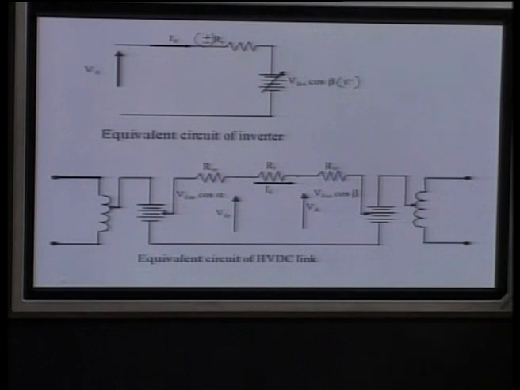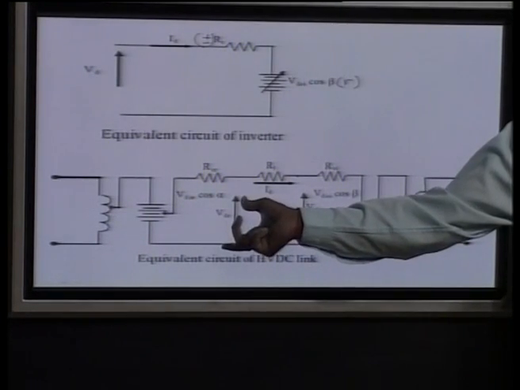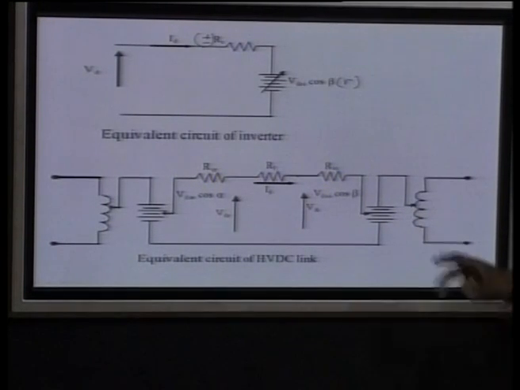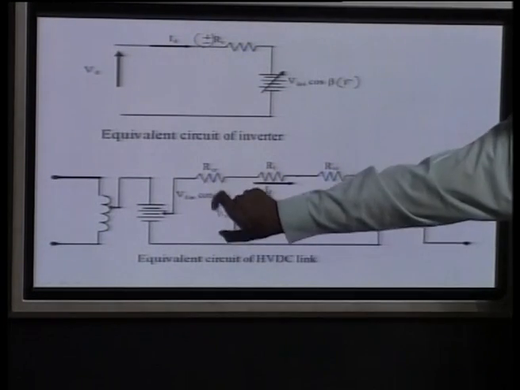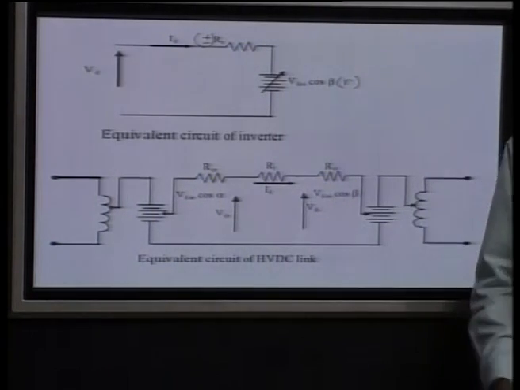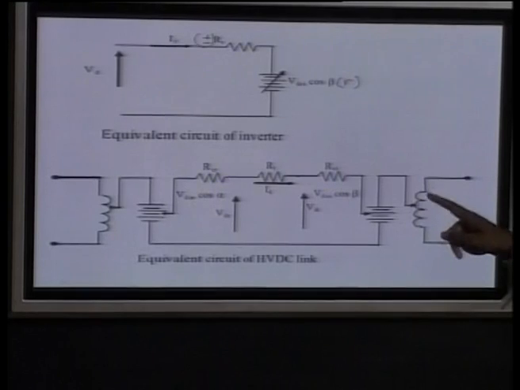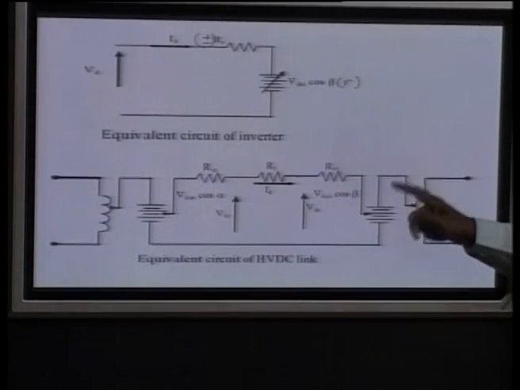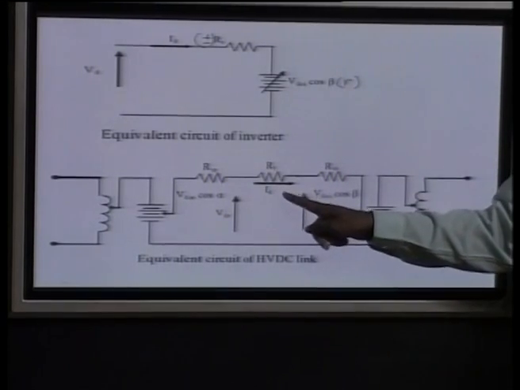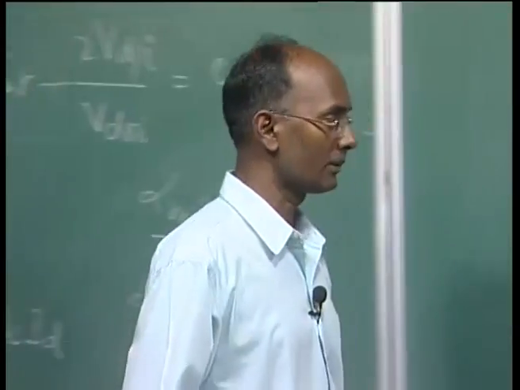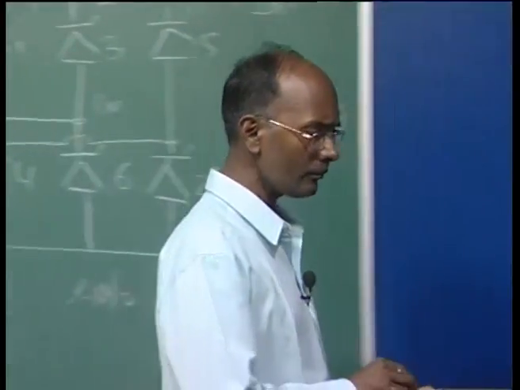Now, you can ask how the current is maintained, if you are changing voltage here, the current will also change, because this is a circuit. Here if your voltage is reduced, what will happen? The current may go in a different direction. So, we have to change this voltage also. But the controller here will keep on changing beta, etc., to maintain the current here. So, if this voltage is reduced, it will also try to reduce, so that current can be maintained constant. We will see the control aspect of this HVDC link later on.